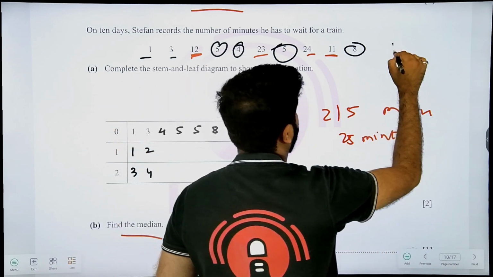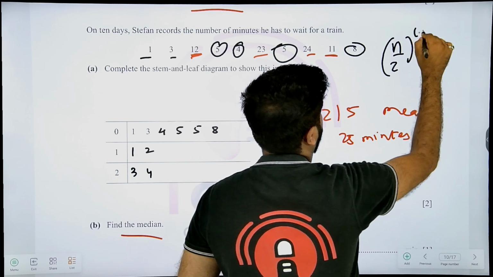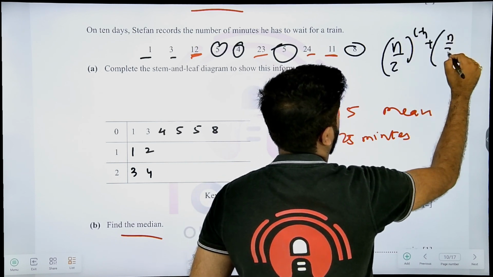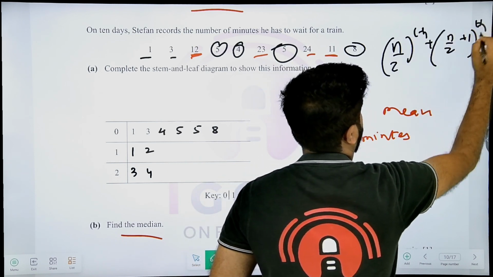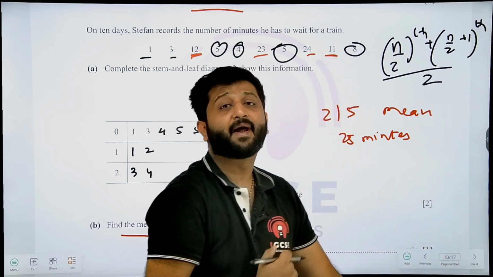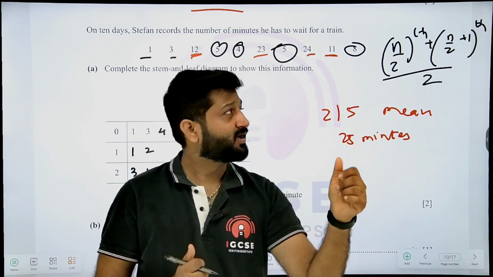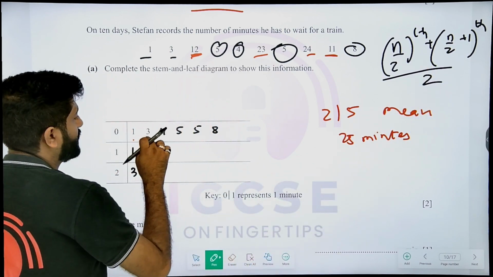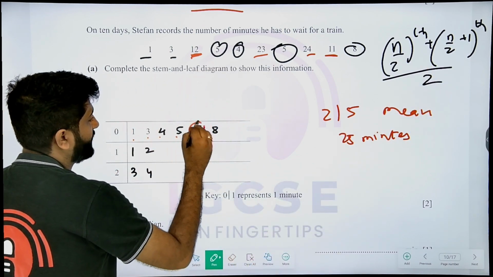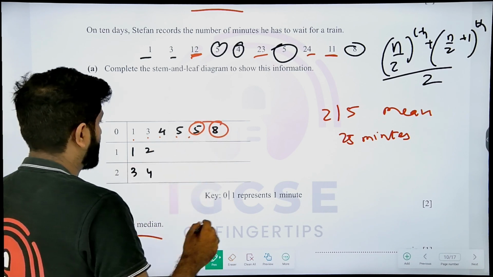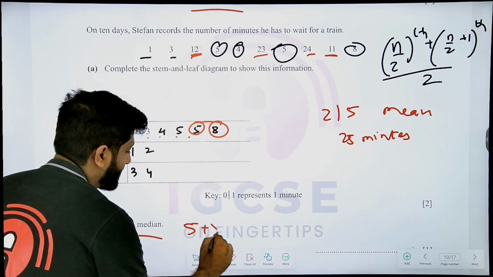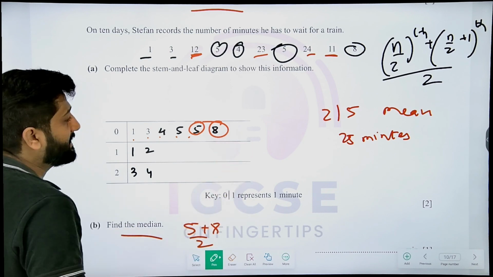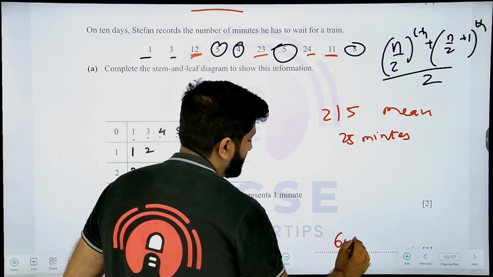So the formula for an even number of observations is the n by 2 term plus the n by 2 plus 1 term, divided by 2, which is 10 by 2. That is the 5th term plus the 6th term divided by 2. So 1, 2, 3, 4, 5. This is my 5th term. This is my 6th term. So I'll do 5 plus 8 divided by 2. That is 13 divided by 2, or 6.5.